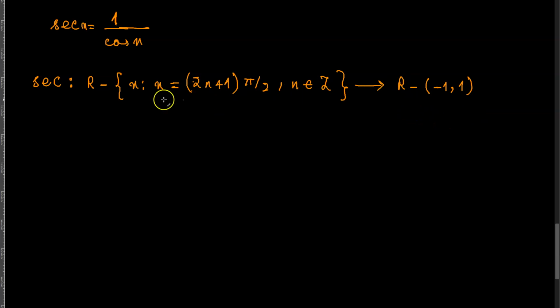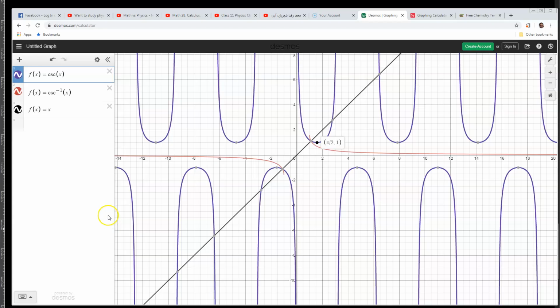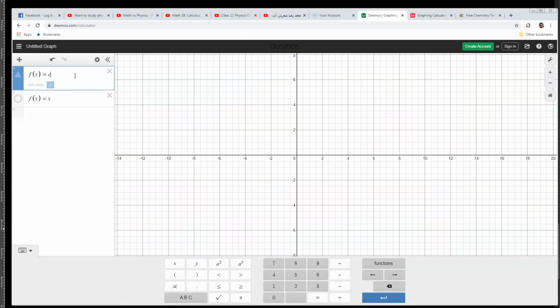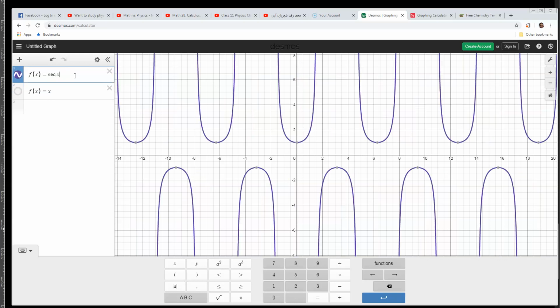Now the problem with this function though is that if you draw the graph of the secant function, secant of x, you can see that the function of course is not one-to-one, meaning that for example the function generates an output of 1 at this point 0 and at this point 2 pi.